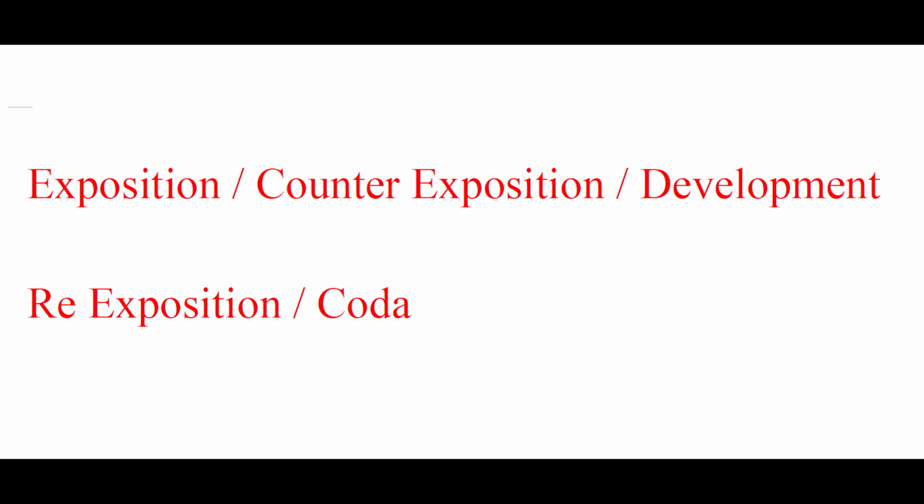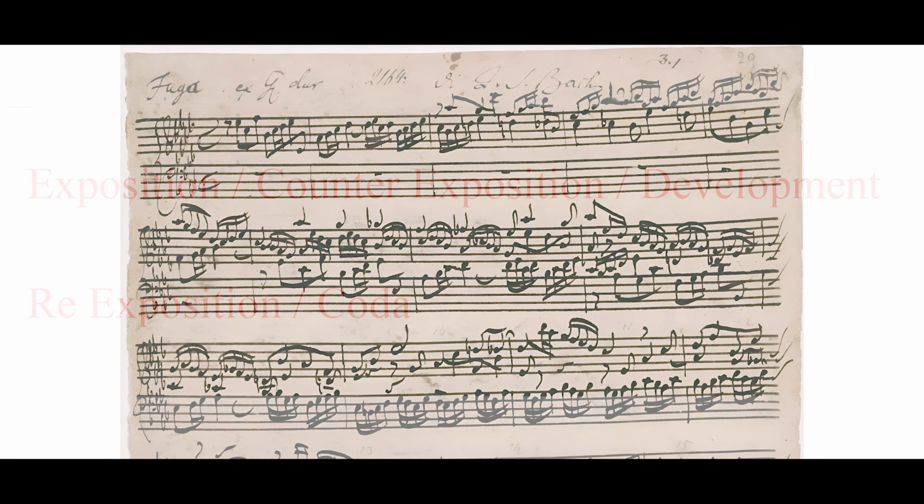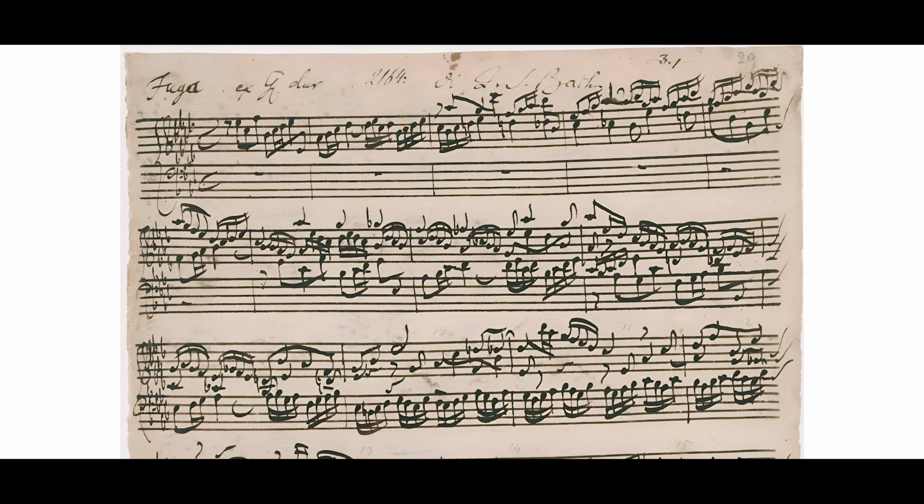The exposition typically begins with a simple progression with 2 or more voices based on the subject. The subject is initially introduced alone and unaccompanied. Then it's imitated and repeated multiple times throughout the piece with accompaniment of other voices.